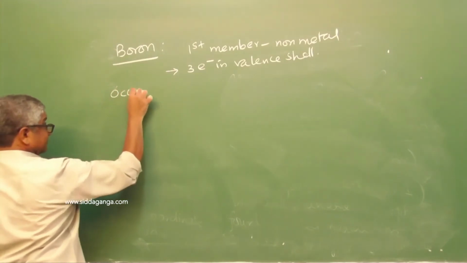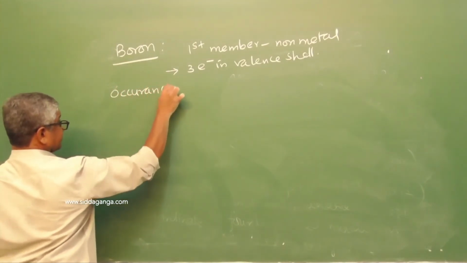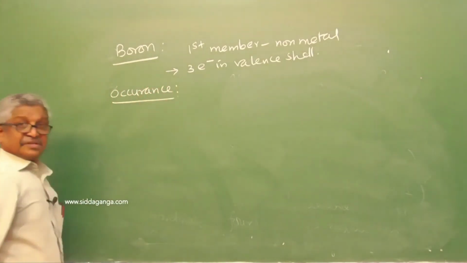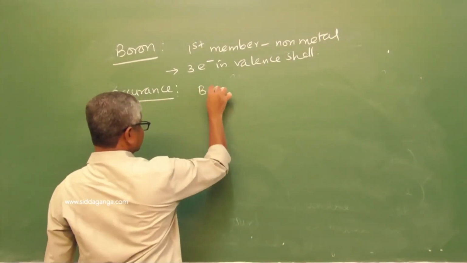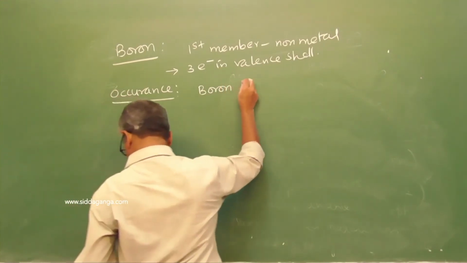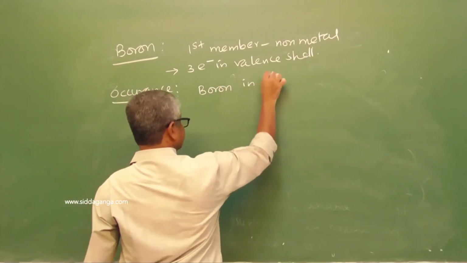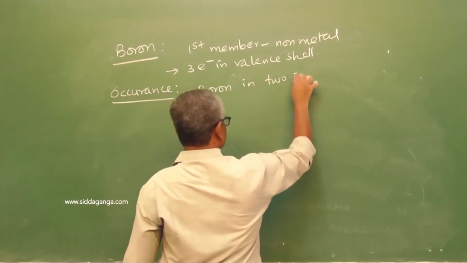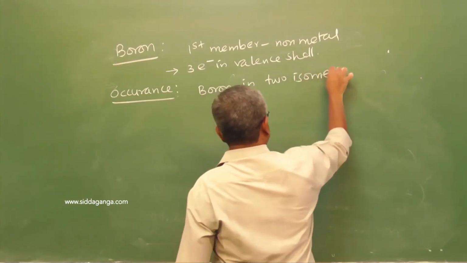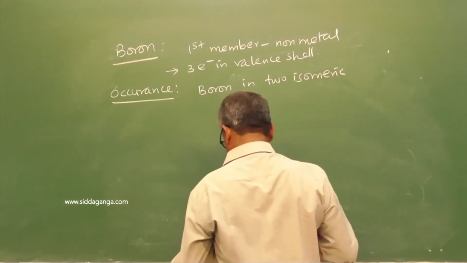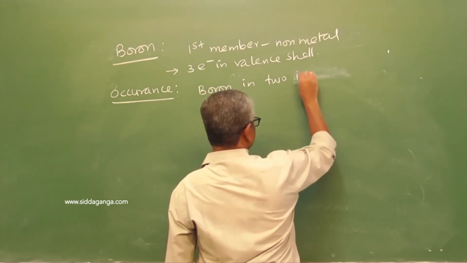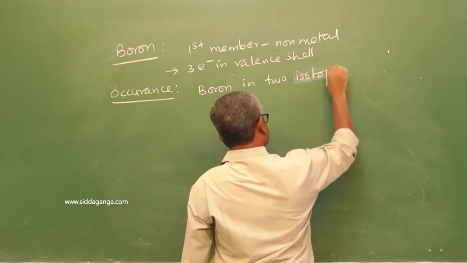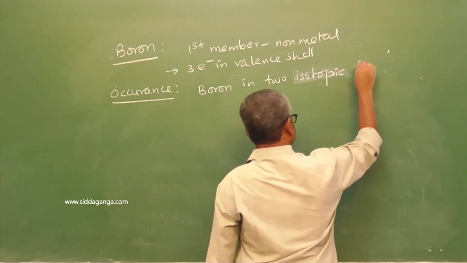Occurrence: boron is available in two isotopic forms.